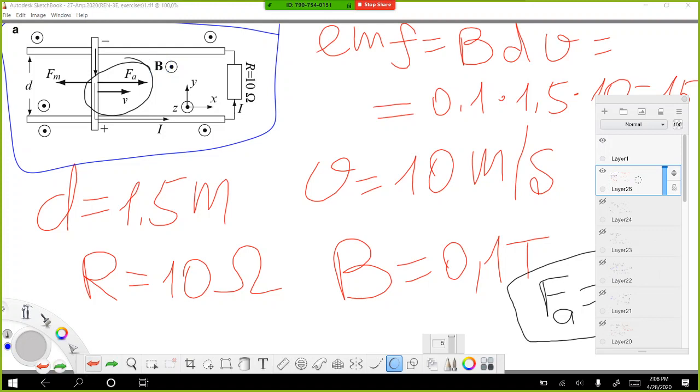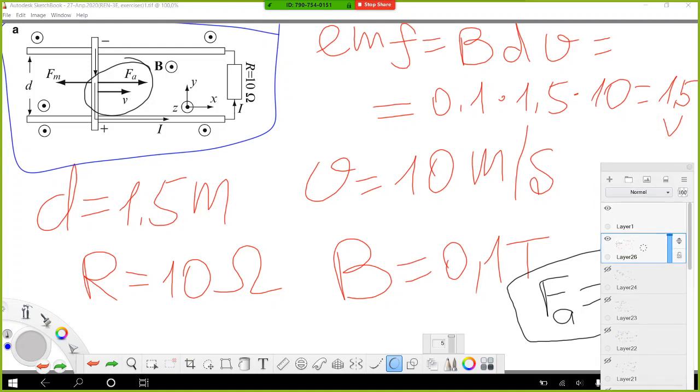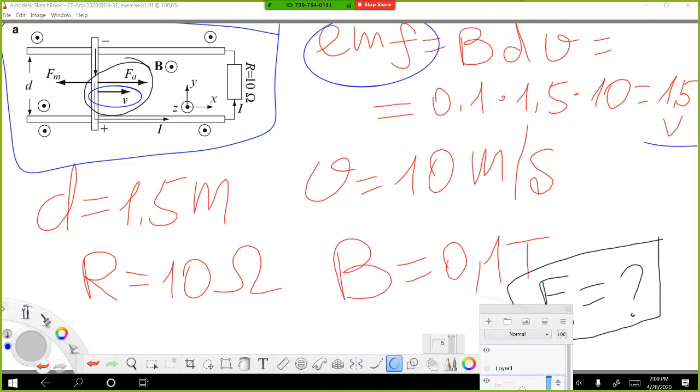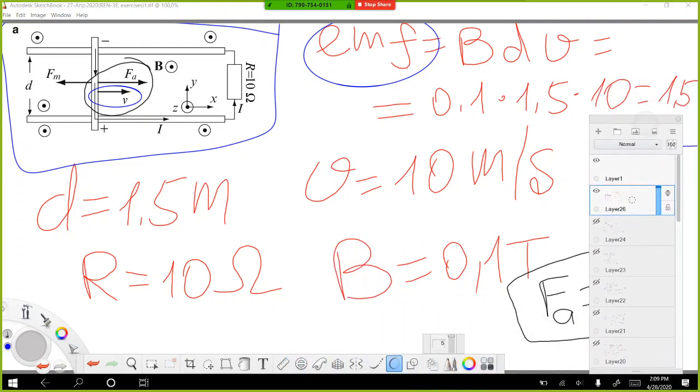And yesterday we found the electromotive force when this rail moves with some velocity v, and we found that it was 1.5 volts. And now we need to find force Fa, which is needed to maintain constant velocity v of this rail.